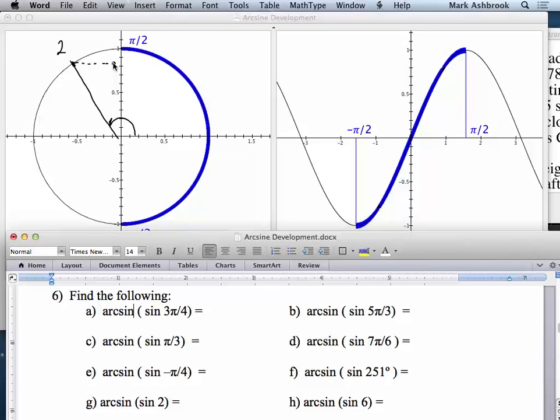So I did pi minus 2, and that would be that angle. It's still a counterclockwise direction. Pi minus 2. Agree?